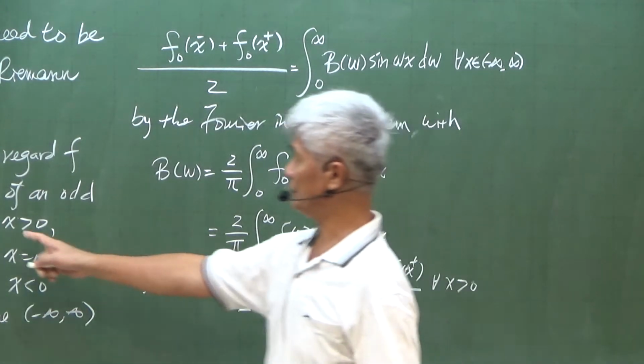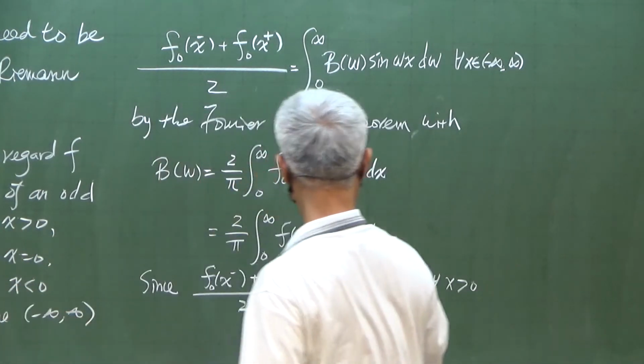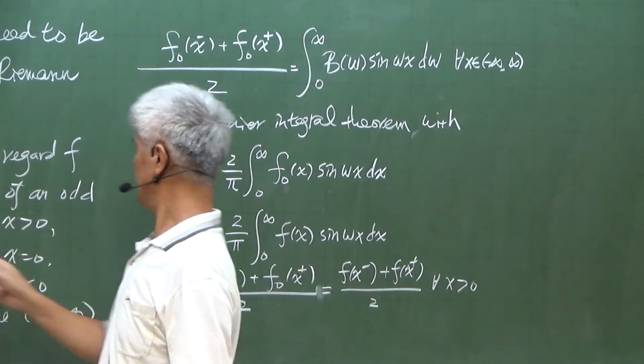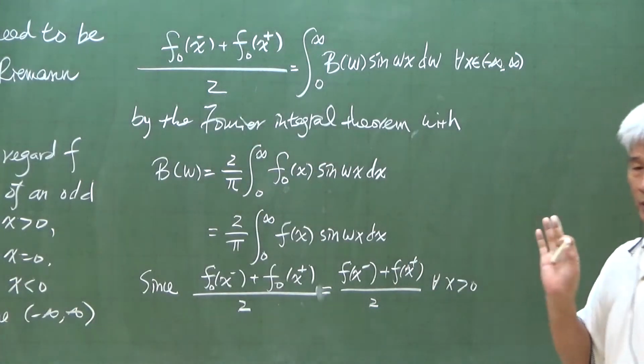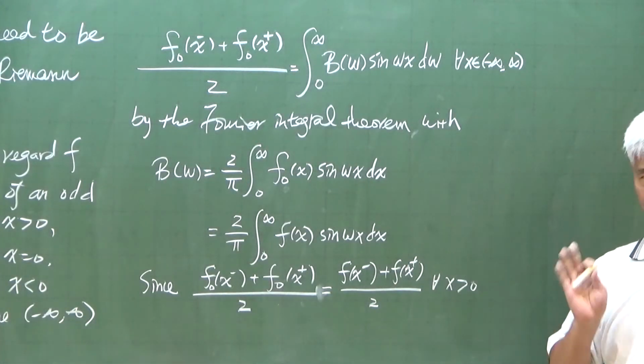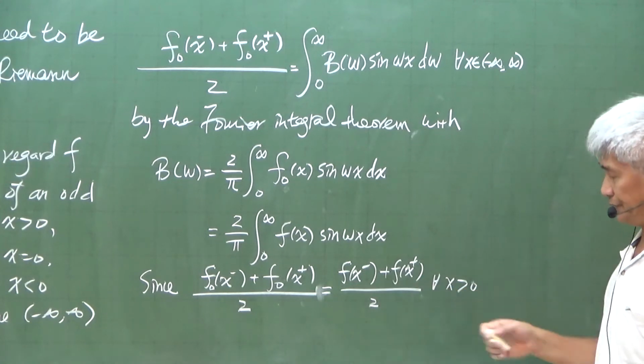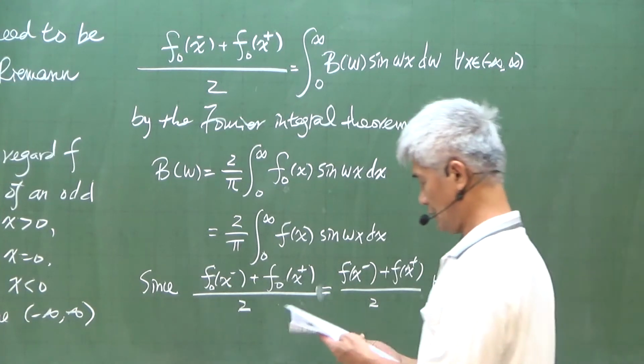By this definition, for x greater than 0, they are the same, so we get the same right-hand limit and left-hand limit.